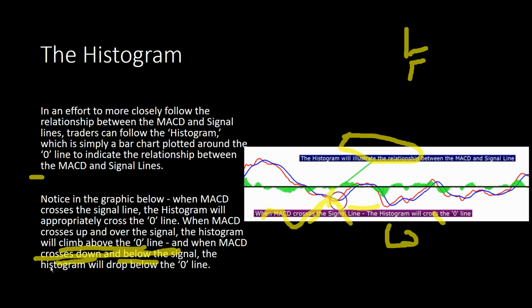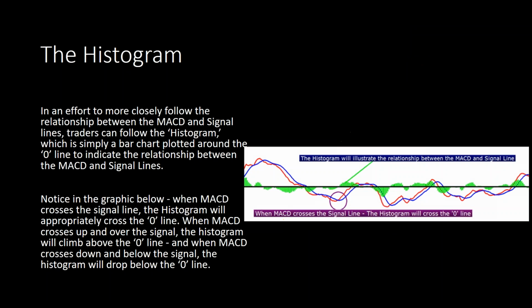So, in an effort to more closely follow the relationship between the MACD and the signal line, as we can see again here, we have the red and the blue lines. What we do is we develop the histogram. Okay, the histogram is a simple bar chart plotted around the 0 line and indicates the relationship between the MACD and the signal line.